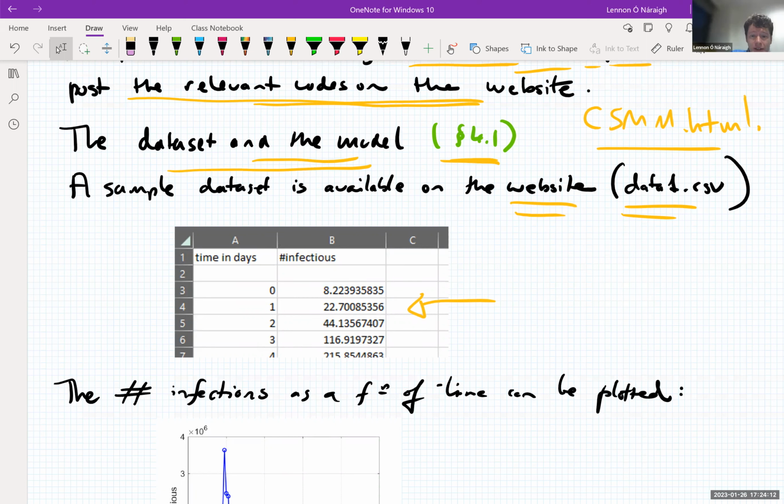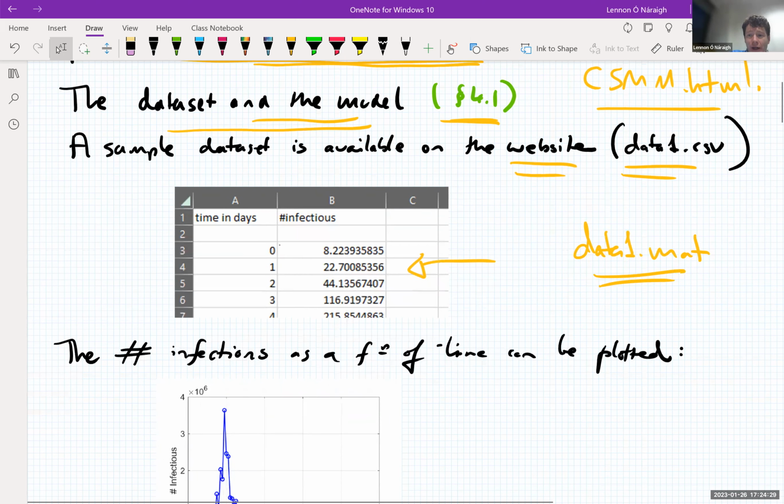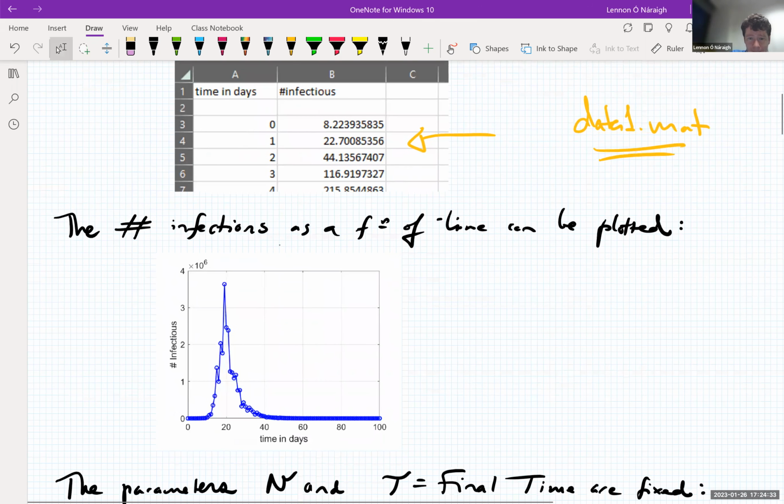Okay, anyway, here's the data set. It's given in CSV form, and I've also generated it in MATLAB form, and that can be read directly into my codes. The codes I talk through are in MATLAB, and that's fine. You can rewrite these in any language you wish, and you'll hopefully get the same answer.